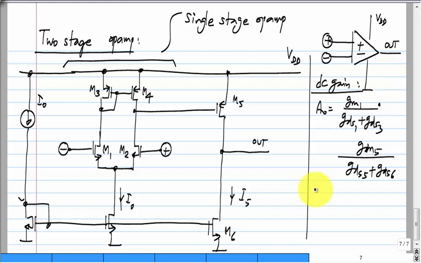Then what is the output resistance of this op amp, that is in open loop? What is the output resistance?